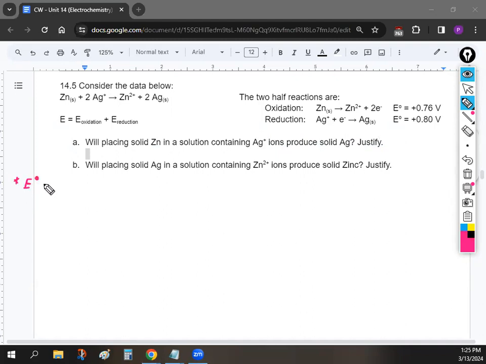So electrical potential wants to be as positive as possible. It wants to be the most positive number that it can be. That's the controlling idea for this problem. When you combine these two numbers together for the half reactions, we want it to be as positive as possible.